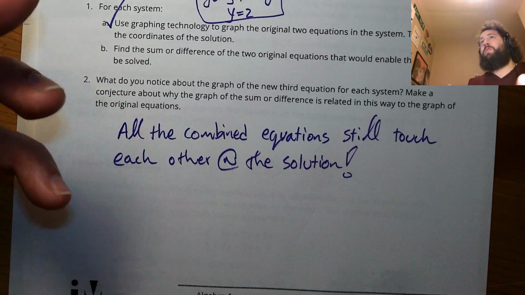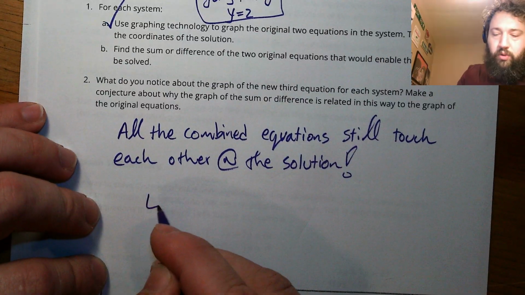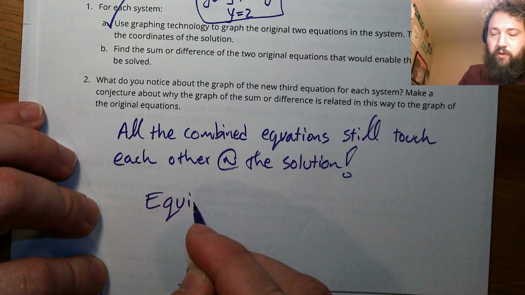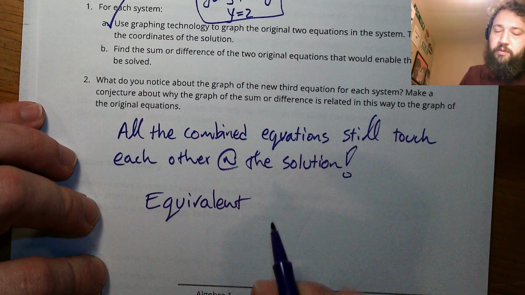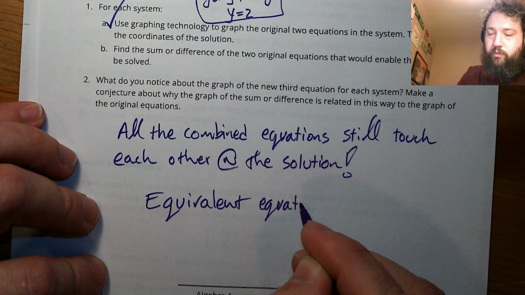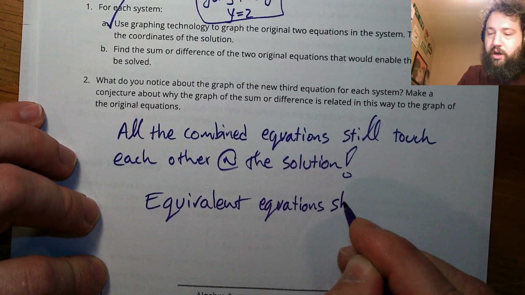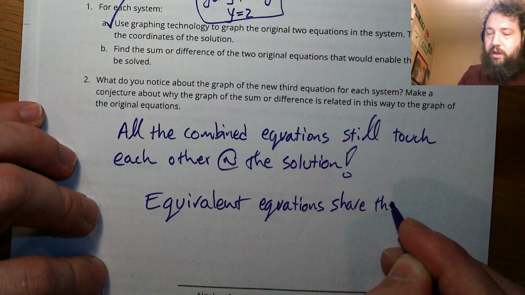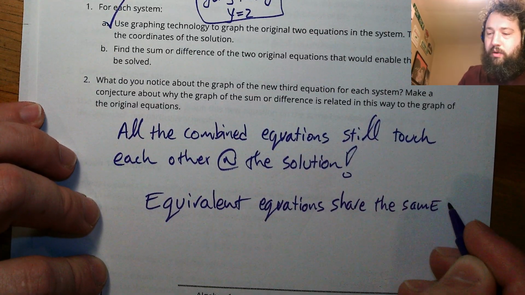And really that happens because they are equivalent. Equivalent equations share the same solution.